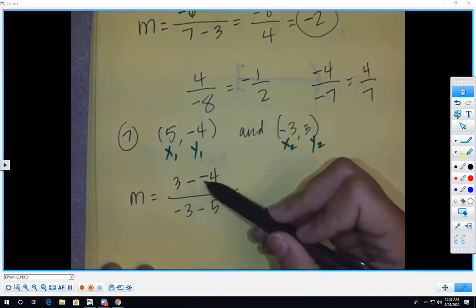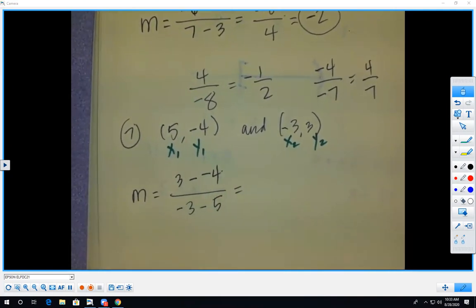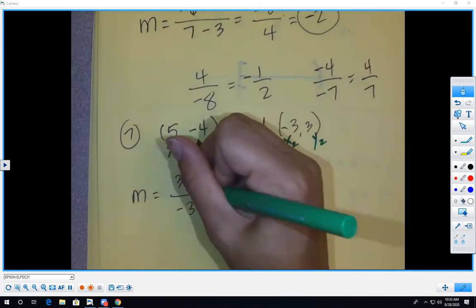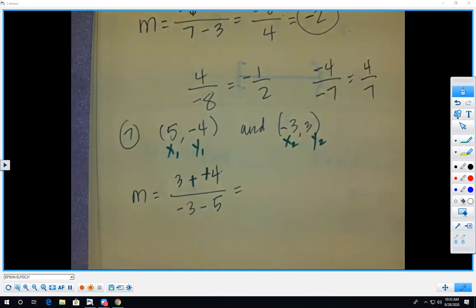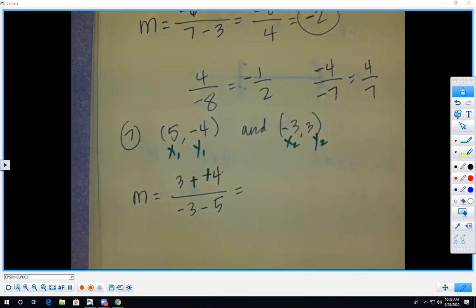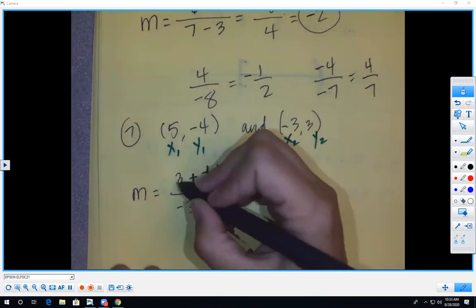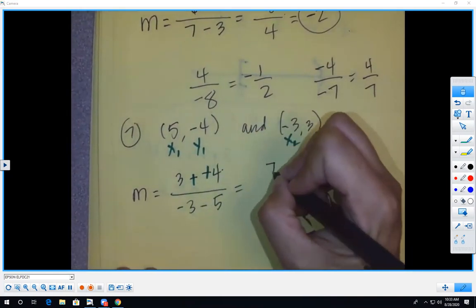So 3 minus -4, when you are subtracting a negative, it's the same thing as adding a positive. Two negatives make a positive, or a minus sign and a negative make a positive. Okay, so this would be 3 plus 4, which is 7.